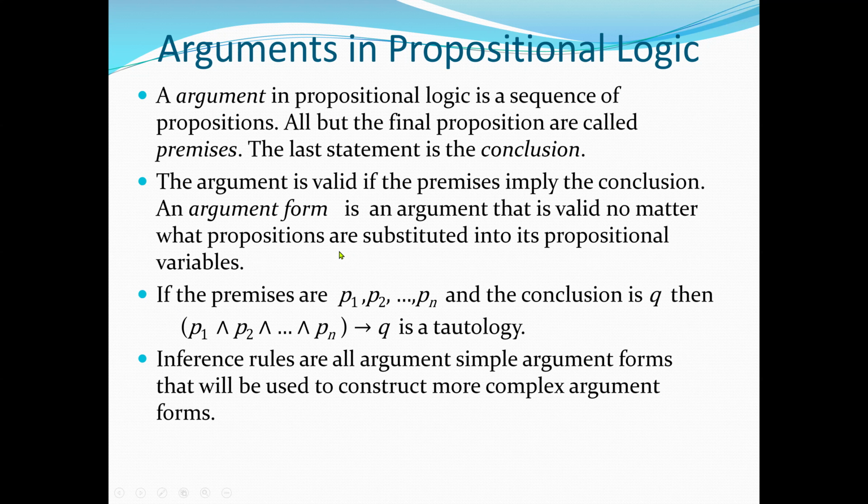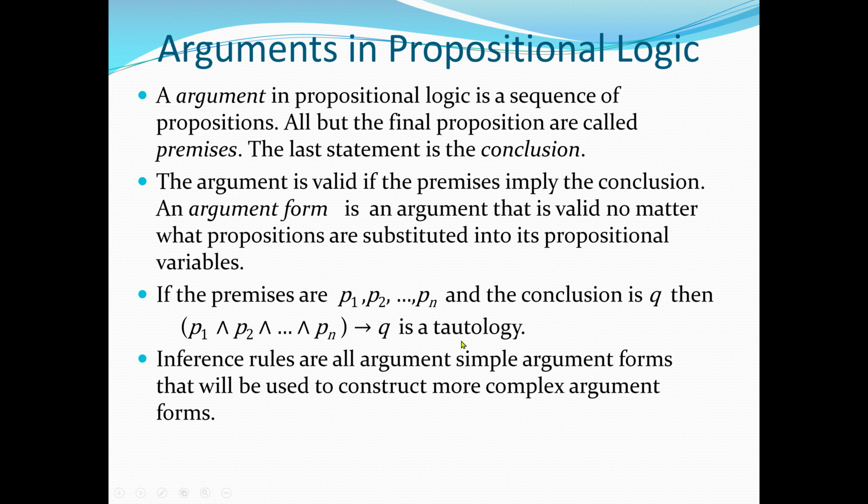So an argument form is an argument that is valid no matter what propositions are substituted into its propositional variables. If the premises are P1, P2 up to Pn, and the conclusion is Q, then we can say that P1 and P2 and P3 up to Pn implies Q is always true.